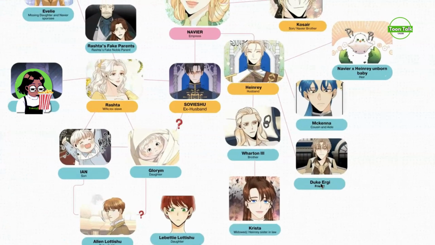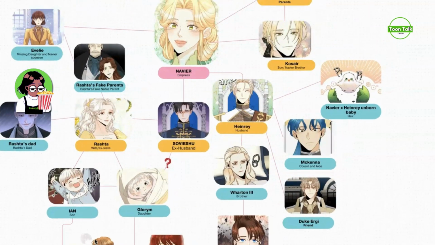I don't want to just say, oh, this person, Soviet Shu or Alan, is the father. I want to be able to show you guys where my train of thought came from, because episode 181 says this person is the father, but I don't want to share my opinion just yet.